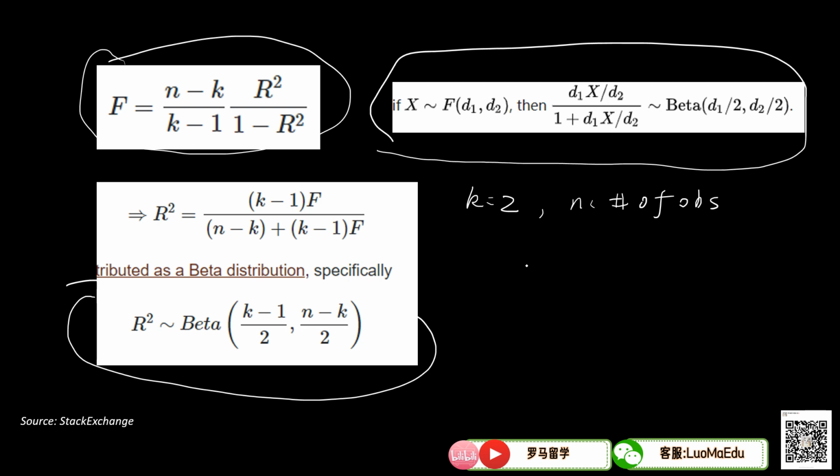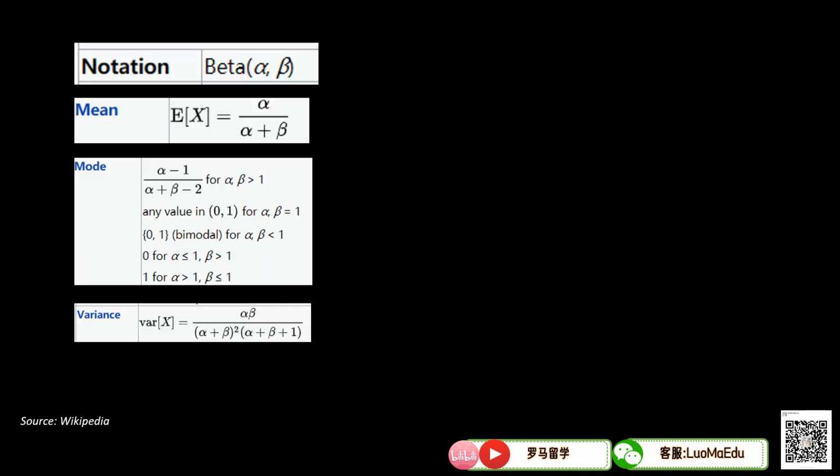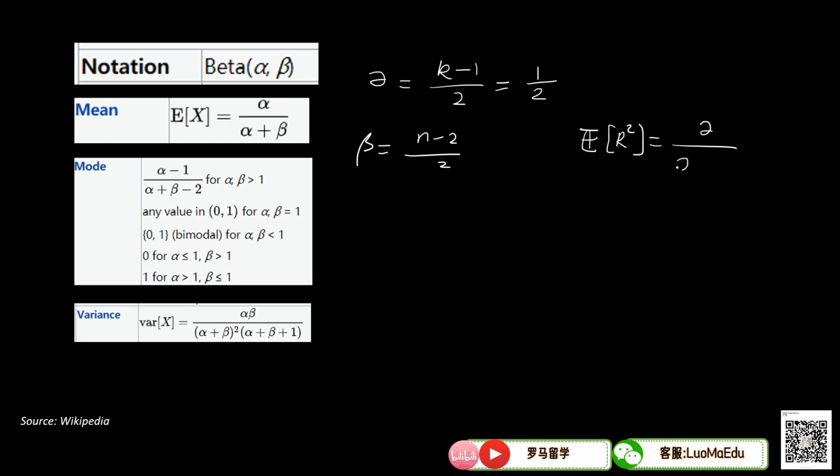Alright, so let's go into the characteristics of the beta distribution. Alpha is equal to (k minus 1) divided by 2, where k equals 2, so alpha here is 1/2, and beta here is (n minus 2) divided by 2. We can see the expected value of R square will be equal to alpha divided by (alpha plus beta), which here equals 1 over (n minus 1).